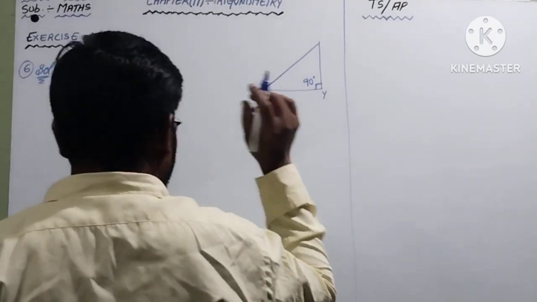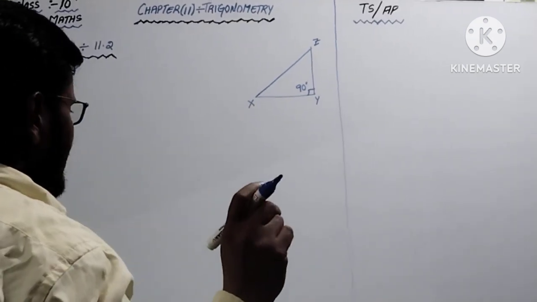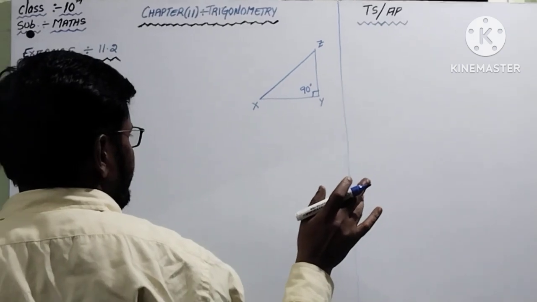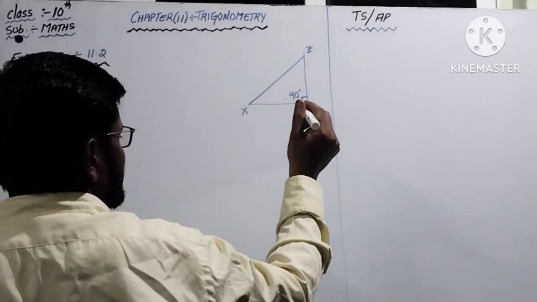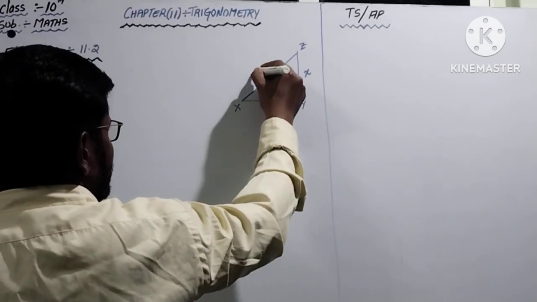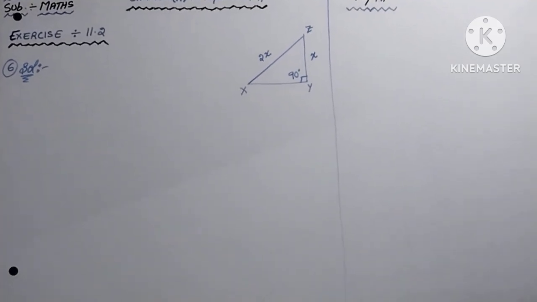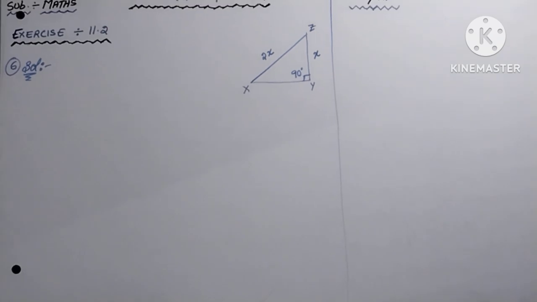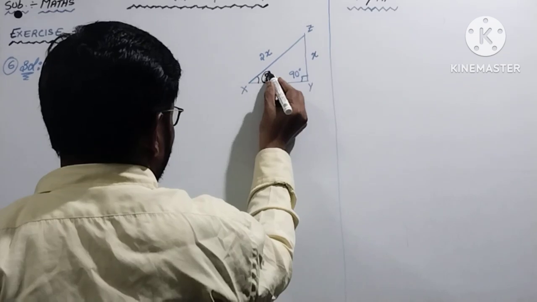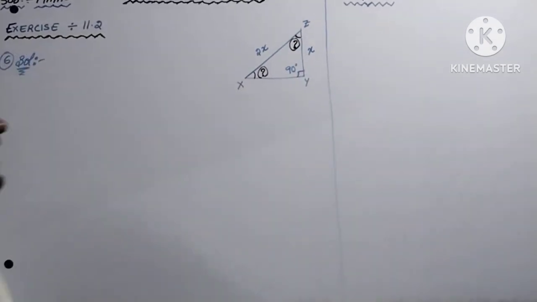The given values: YZ is small x, and ZX or XZ is 2x. Nothing will change. I have to find out these two angles: angle X equals question mark and angle Z equals question mark.